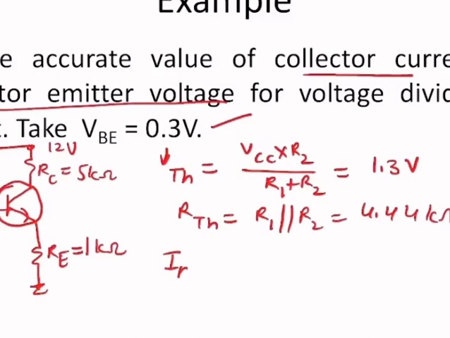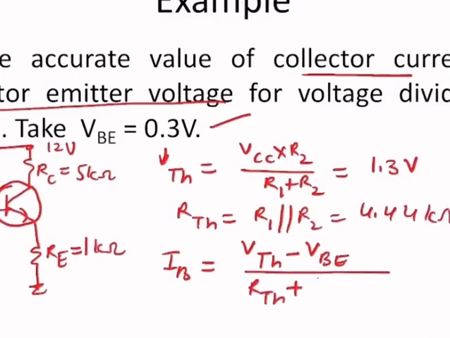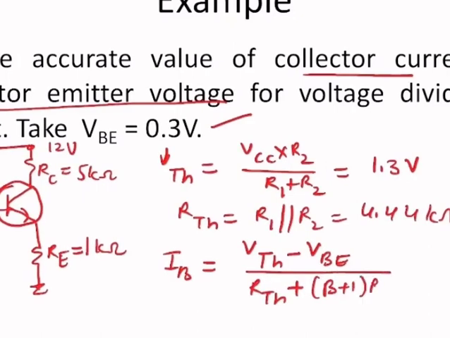Now calculate the value of IB by using this formula, VTH minus VBE divided by RTH plus (beta plus 1) RE. This formula we already found in the accurate analysis of the voltage divider bias circuit. When you use this relation, you put in the values of VTH, VBE, RTH, RE, and beta. Beta for this circuit is 60.